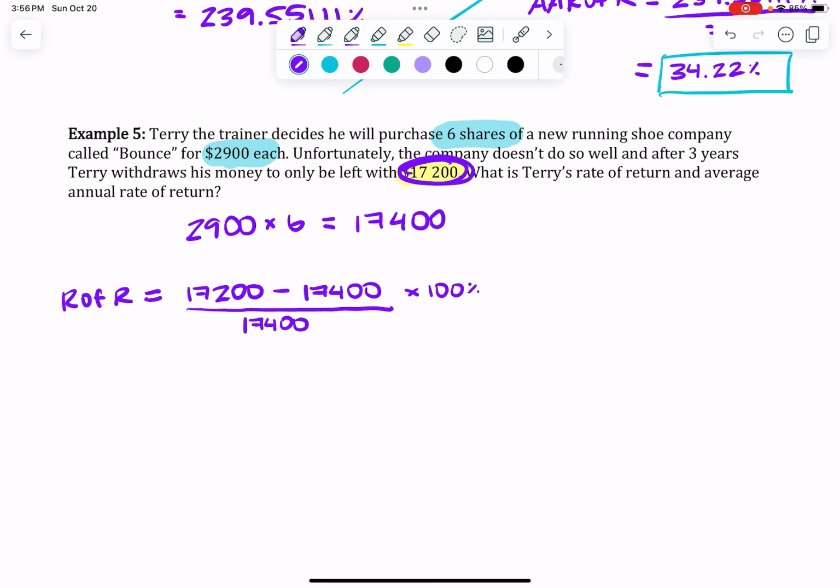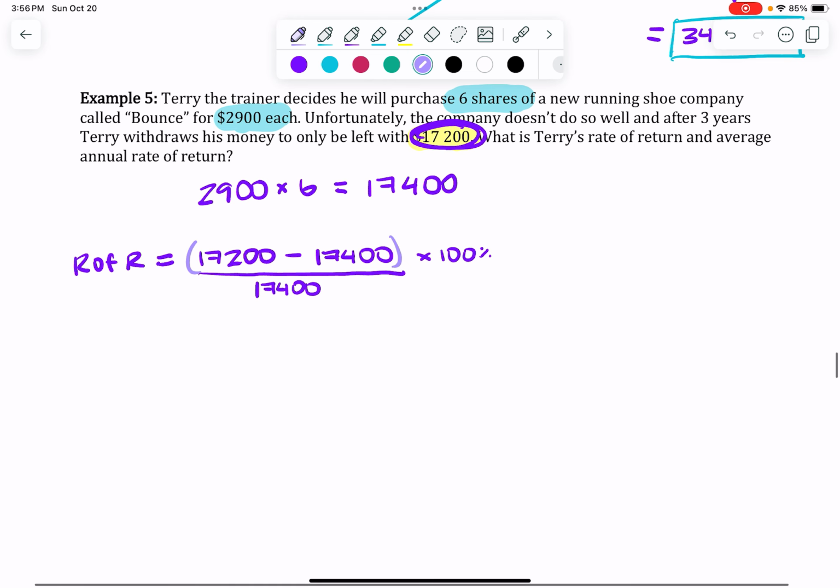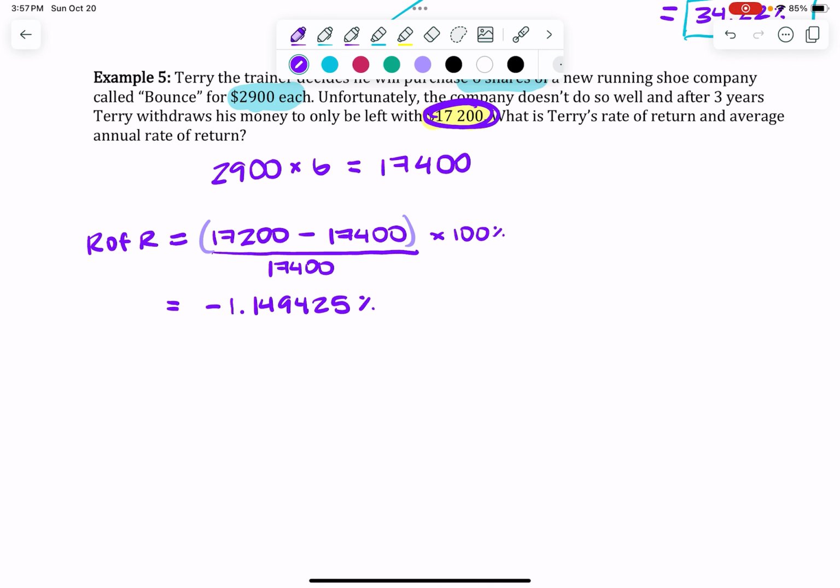Now, Terry lost money. We are expecting this rate of return to be negative because we're talking about a loss. Again, if I'm plugging this in in one step, please don't forget the brackets. And I end up with negative 1.149425%.